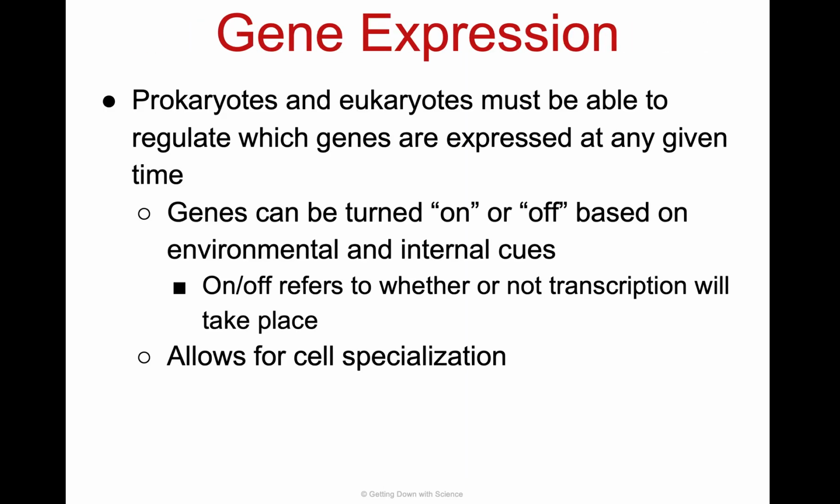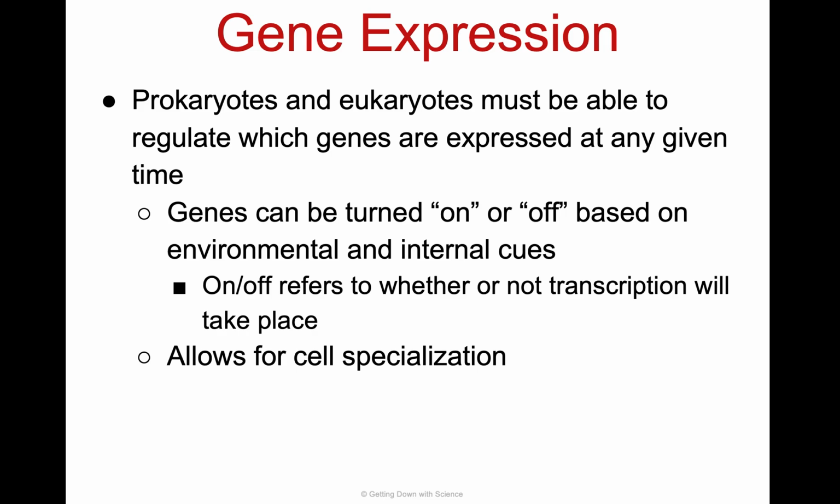As far as gene expression goes, eukaryotes and prokaryotes alike have to be able to turn genes off and on at any given time. The simplest example of this is insulin production in healthy patients.